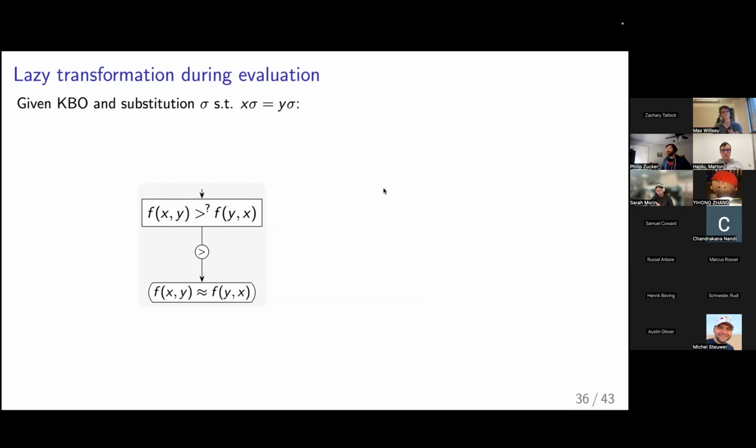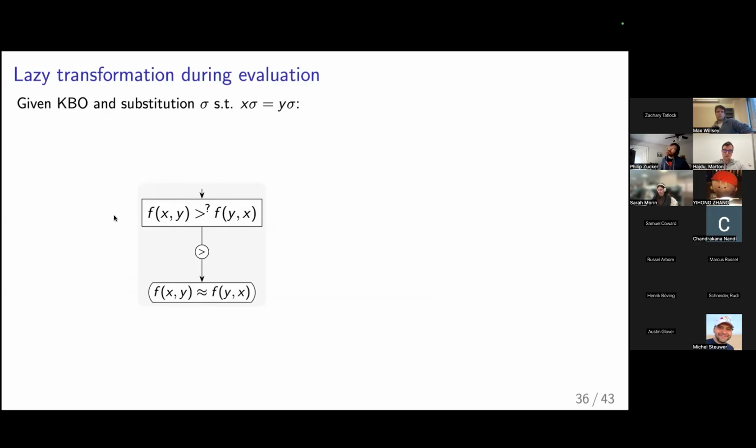And what I want to emphasize is that there are these transformations, but they are not really cheap. So we have to make sure that we don't apply them eagerly, because this is really a bad idea. What we actually do is we evaluate the diagram, and while evaluating it, we lazily transform the diagram as we go through it.